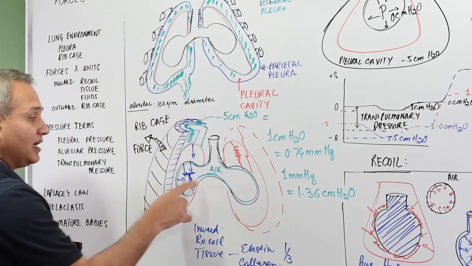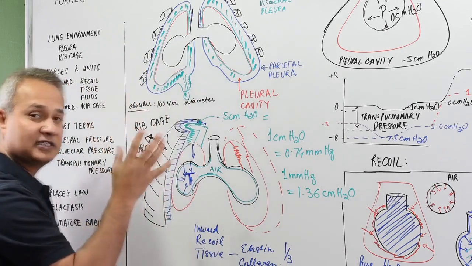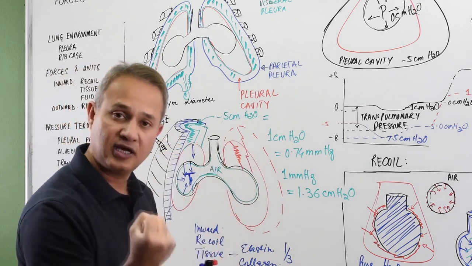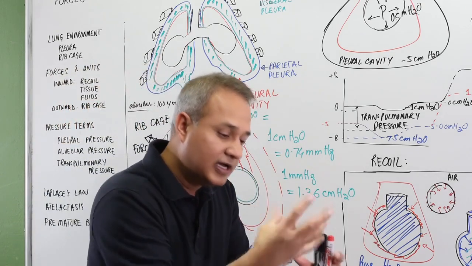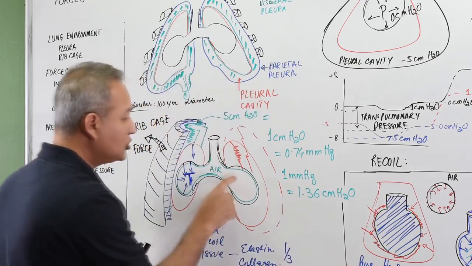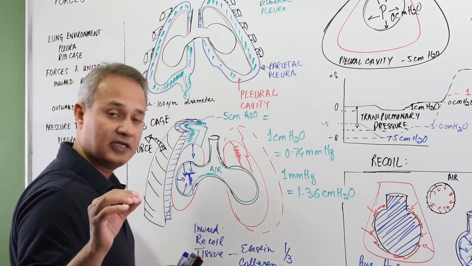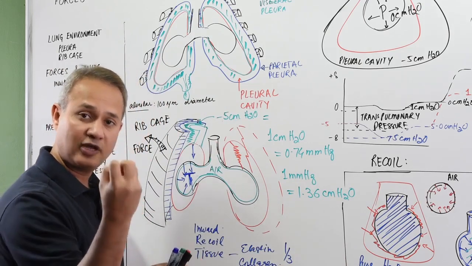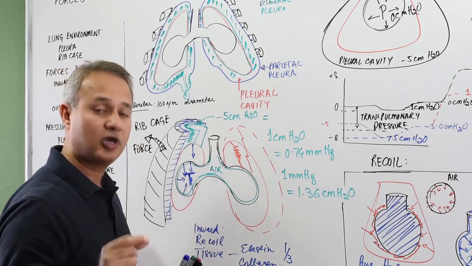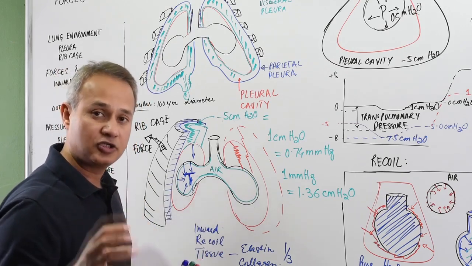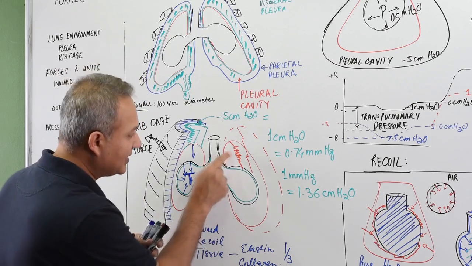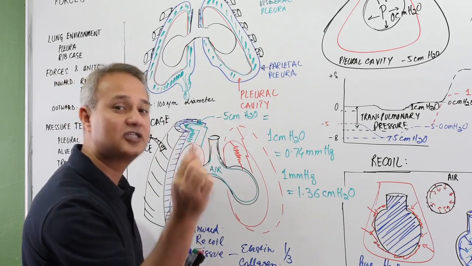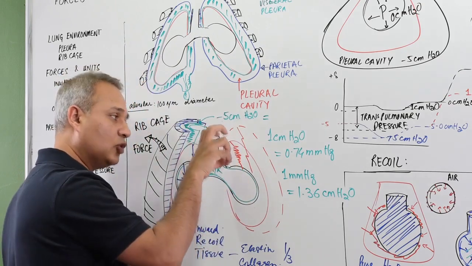Okay, now the outward force is given by the rib cage. There are two inward forces that try to collapse the lungs. If you take the lung out and put it somewhere, it will try to collapse and shrink. These two forces: the first is the lung tissue. One third of the total inward or recoil force is given by the lung tissue. And what in the lung tissue? The elastin and collagen together make these kinked springs inside, and they try to collapse the lung.